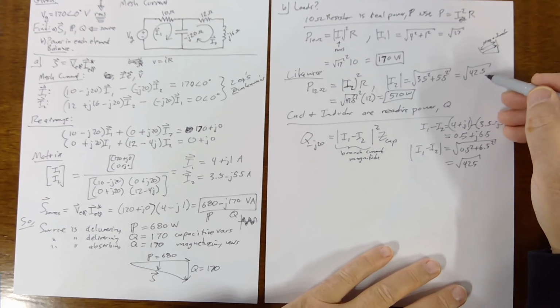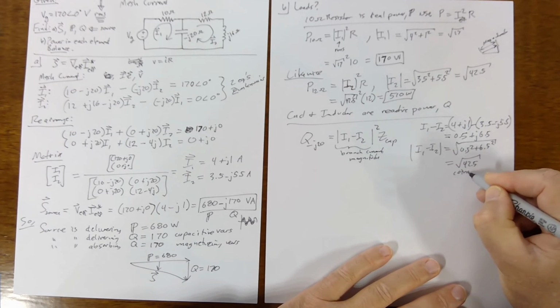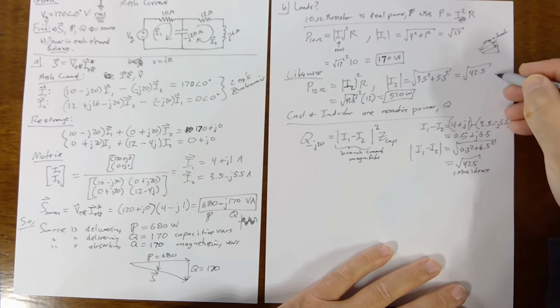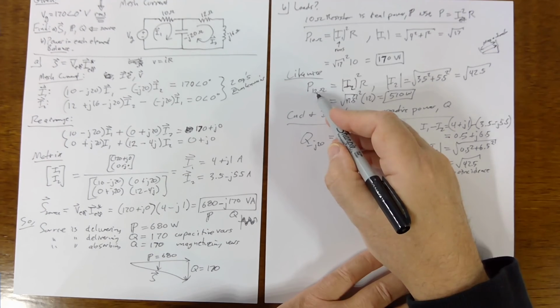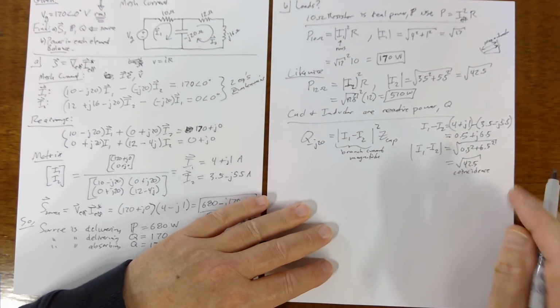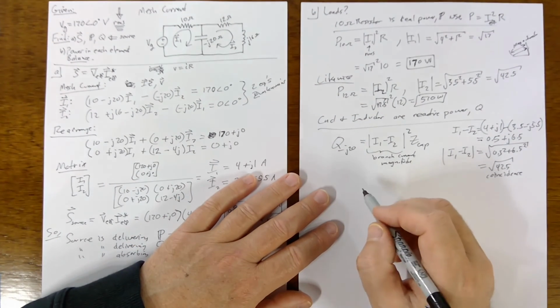So this is a total coincidence. Coincidence that this value is the same as the value in the 12 ohm resistor. It's the way the numbers worked out. It has no meaning beyond just luck.